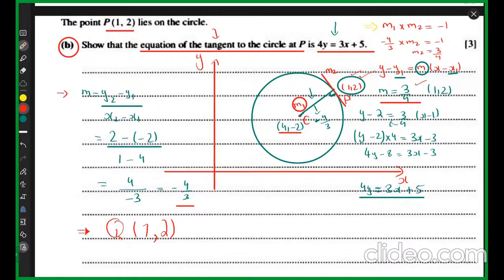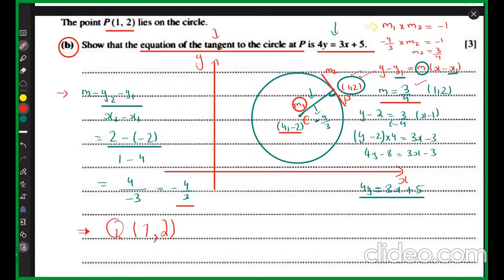That's what I find. Okay, and Rafe, what did you get as your equation? I'm getting y is equal to 3 over 4x minus 3.25.